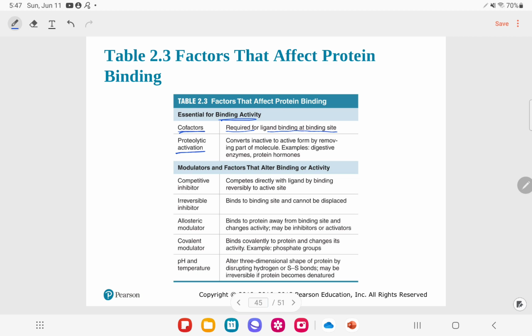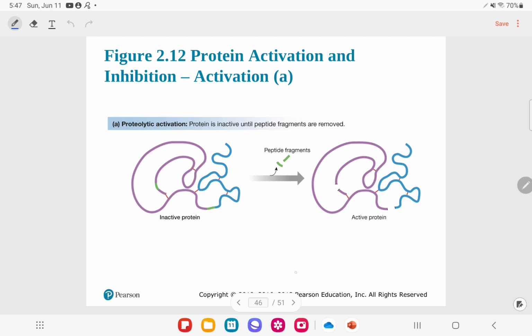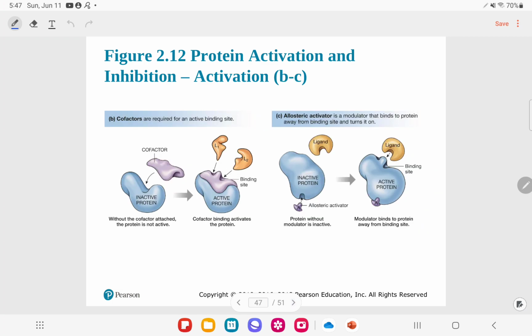And then we have modulators that will alter binding activity as well, right? So this is that proteolytic activation right here, where we just cleave it right there, and now we have this active protein. We have cofactors. Cofactors are going to be important because this protein is inactive. That cofactor will bind to it, and now the substrate can bind to it. Okay, we have allosteric activators.